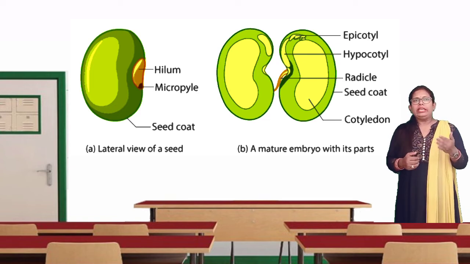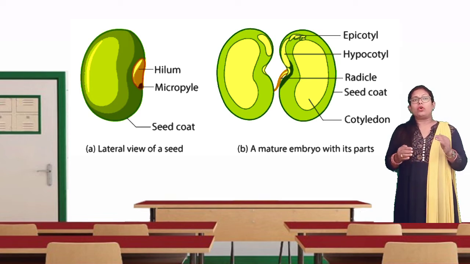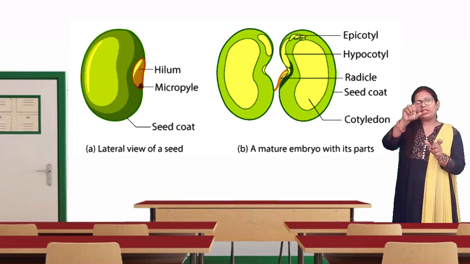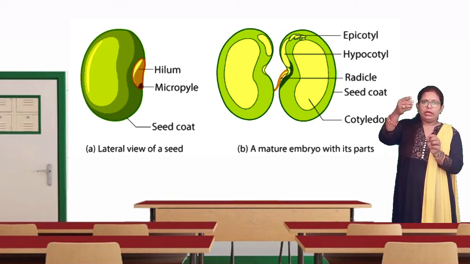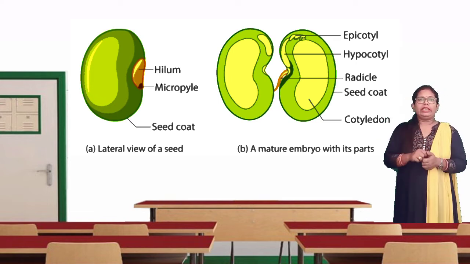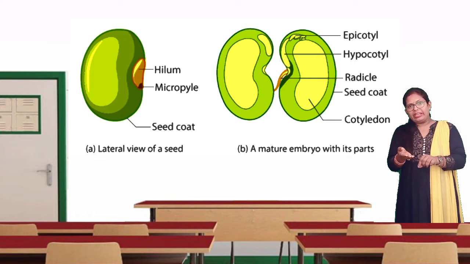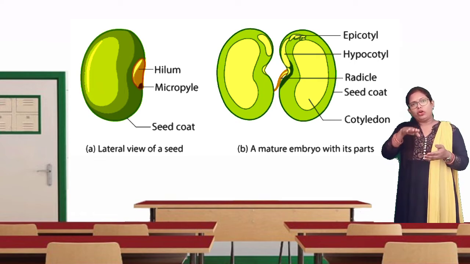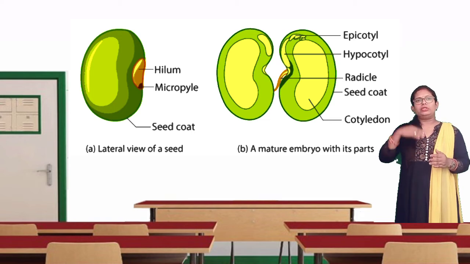So epicotyl is the region of the embryo between the point of attachment of cotyledons and the plumule. कॉटिलीडन और प्लूम्यूल के बीच में जो स्पेस होगा उसे हम लोग कहेंगे एपिकॉटिल, whereas the space between the attachment point to the radicle is known as hypocotyl. तो hypocotyl हमेशा नीचे की ओर ग्रो करेगा और hypocotyl will continue to radicle, whereas epicotyl will continue to plumule.